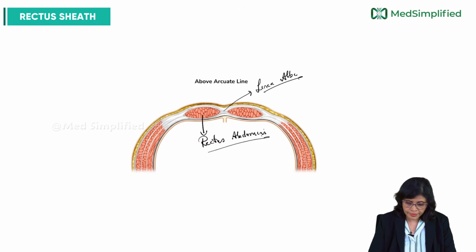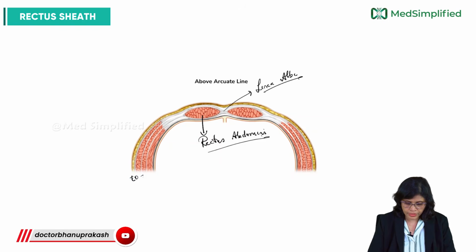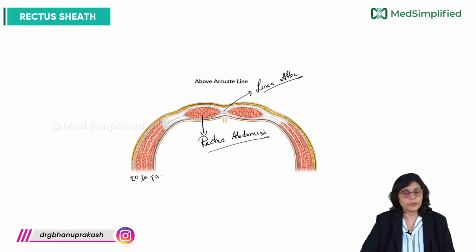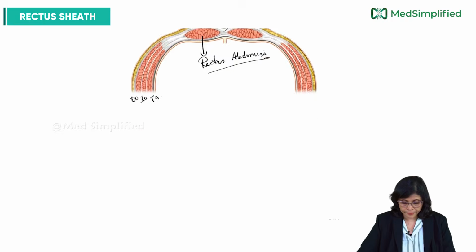So here when we see the anterior wall, we can see its formation by the aponeurosis of external oblique, anterior lamina of internal oblique. Okay, that is anterior wall will be formed, whereas the posterior wall will be formed by the posterior lamina of internal oblique and the aponeurosis of transverse abdominis muscle. Okay, so that is above the arcuate line.